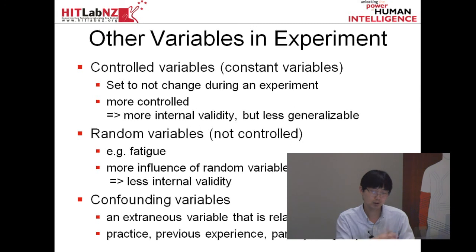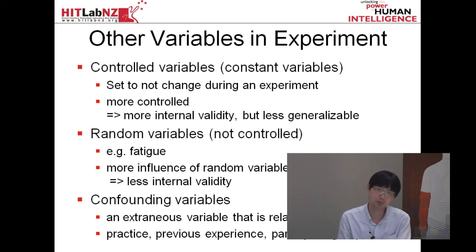Too much control might make it less generalizable to real situations. So you have to control the variables as much as possible, but be careful that you don't control too much. It depends on the type of the study or the situation you have. So it's up to you.